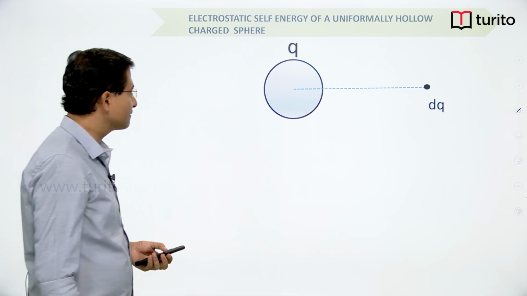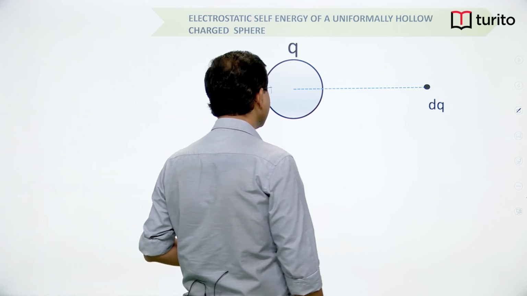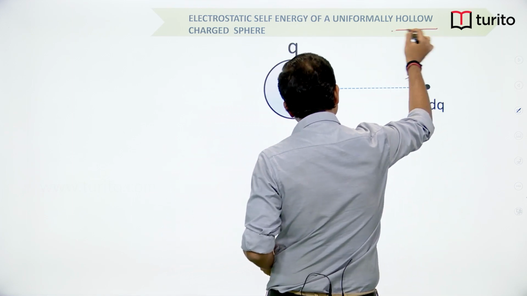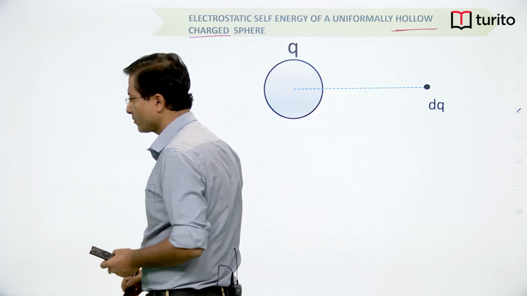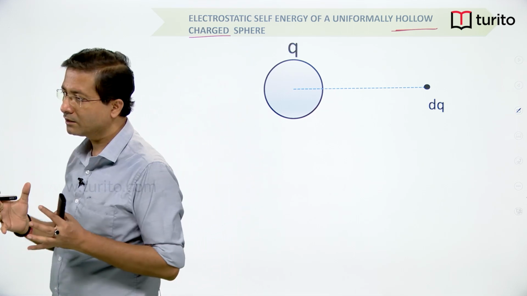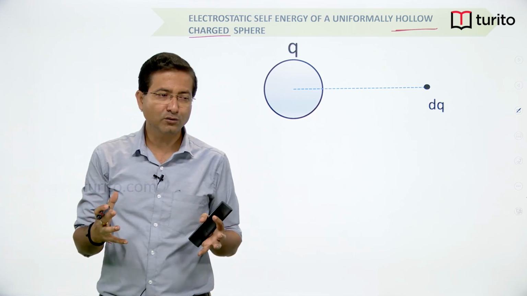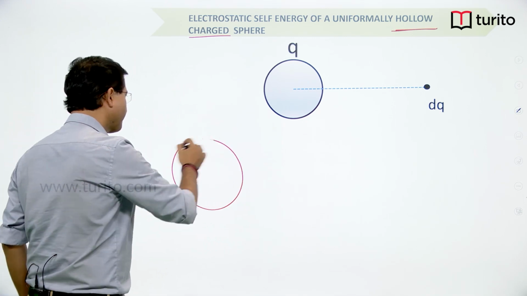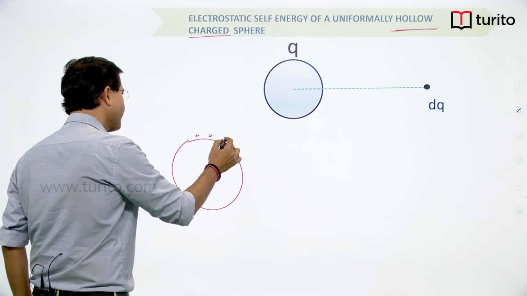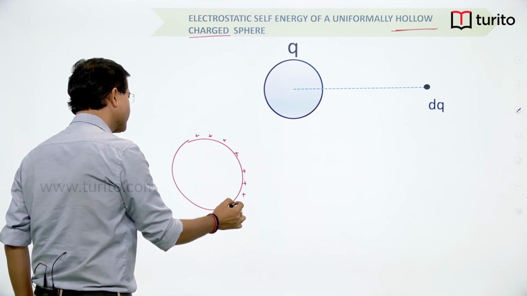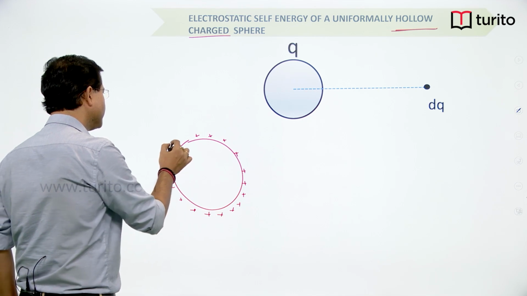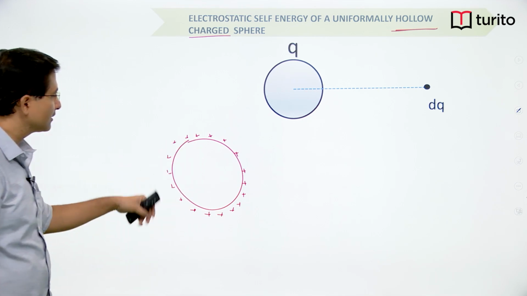So let us first take a uniformly charged hollow sphere. So a sphere of charge q I want to make. I want to make this sphere.